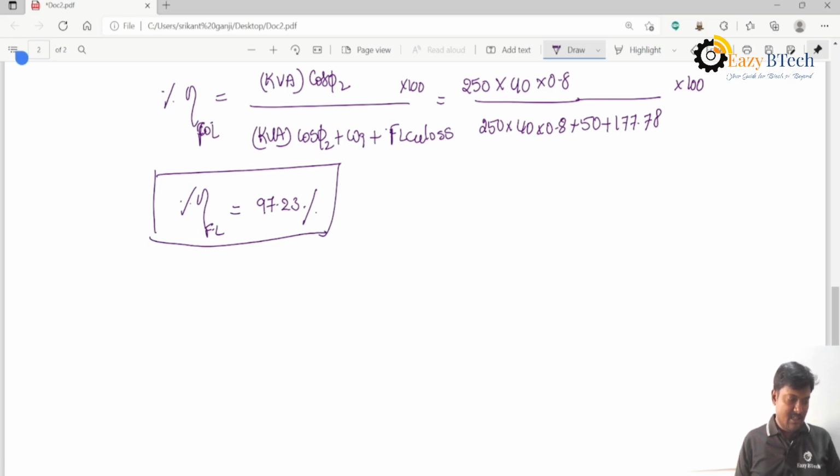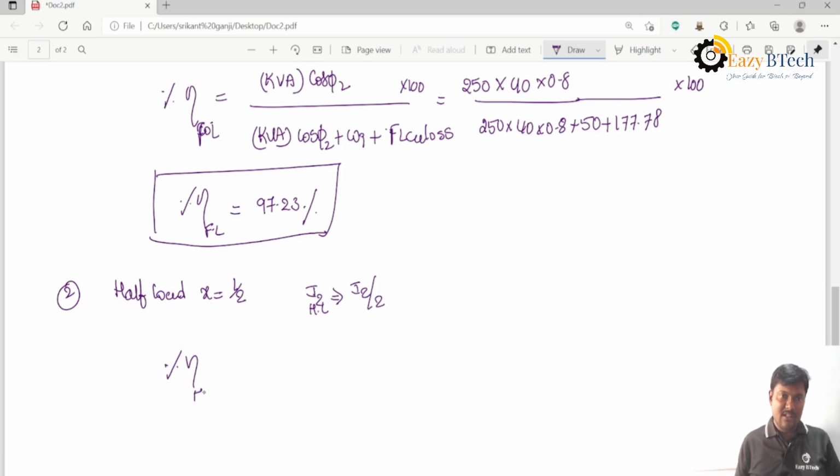So 97.23. Now he is asking at half load also. The x value is 1 by 2. The current at half load is I2 by 2.